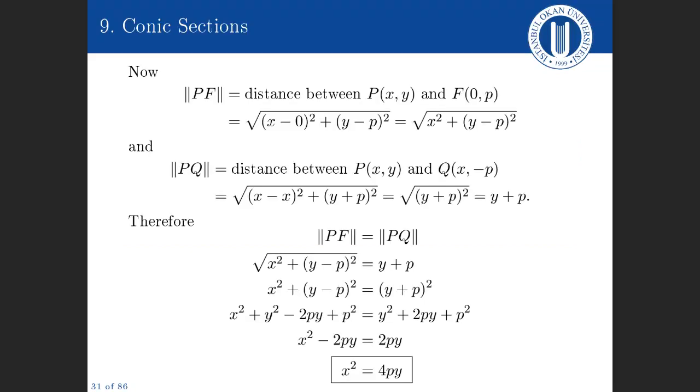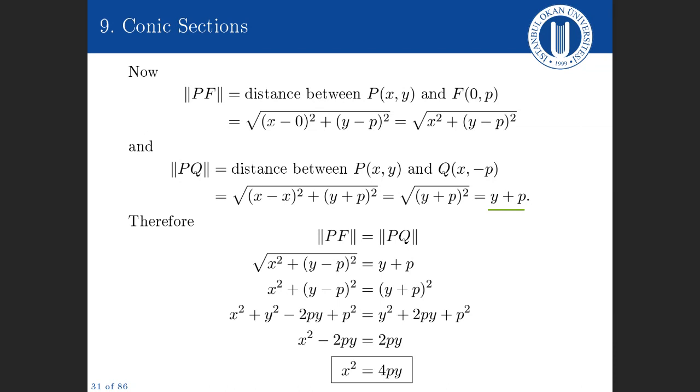Now, the distance from P to F, we can measure this. It's the distance from the point (x, y) to the point (0, p). So it's the square root of (x minus 0) squared plus (y minus p) squared. The distance from P to Q is the distance between (x, y) and (x, minus p), and we can calculate that that's y plus p.